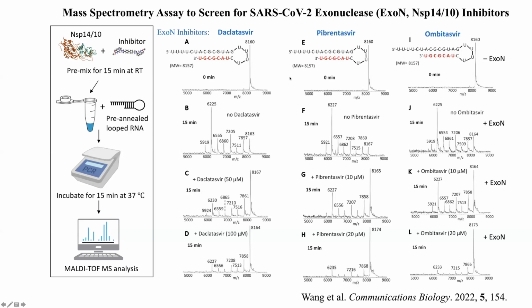Here is the parent molecule, a single peak without exonuclease. Once we added the exonuclease without any inhibitor, you can see this natural RNA is rapidly degraded. Once we increase the concentration of exonuclease inhibitor, you can see the parent RNA is protected.